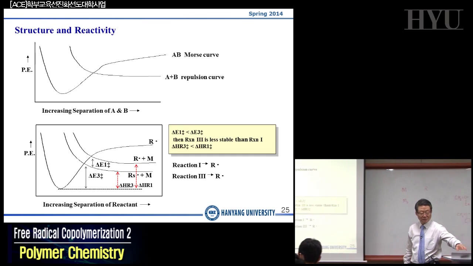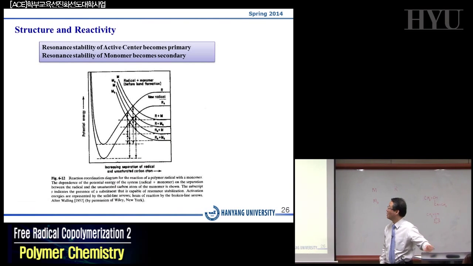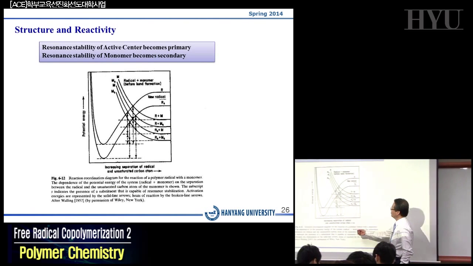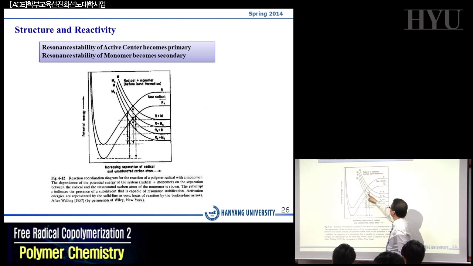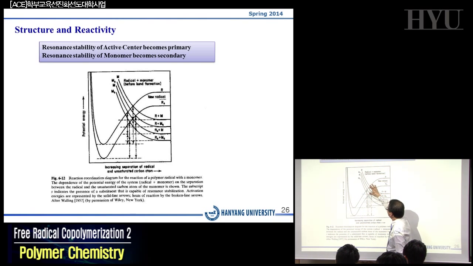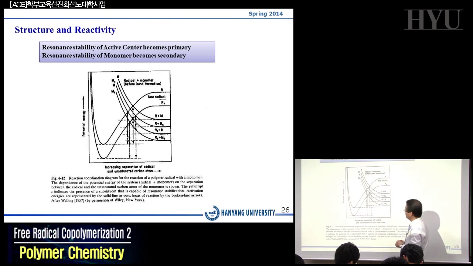That's the next slide, where we can determine delta E and delta H. So there are 4 delta E's and 4 delta H's in different arrows.